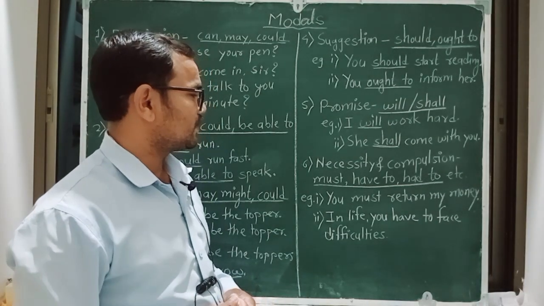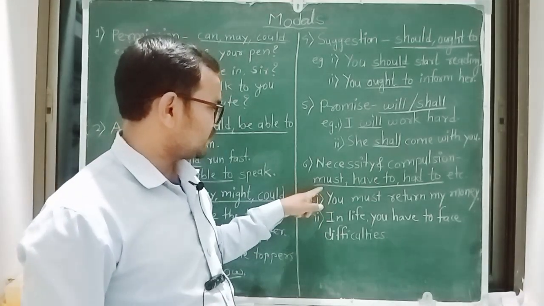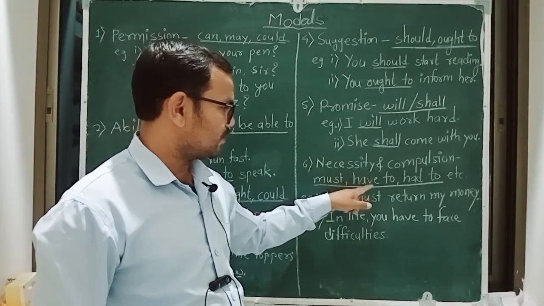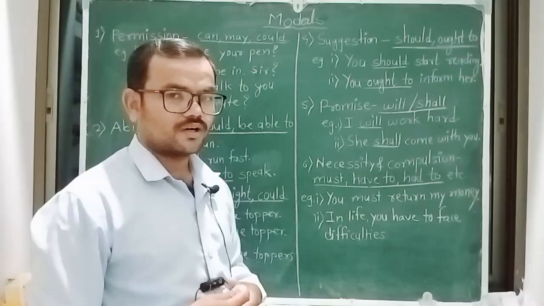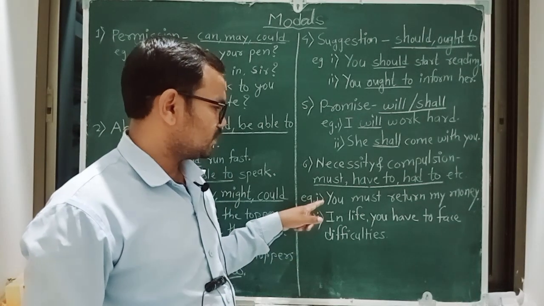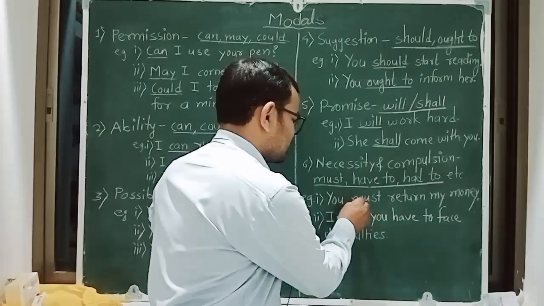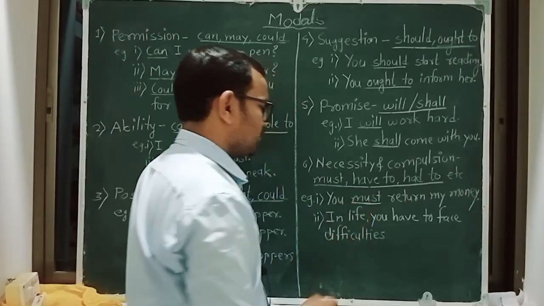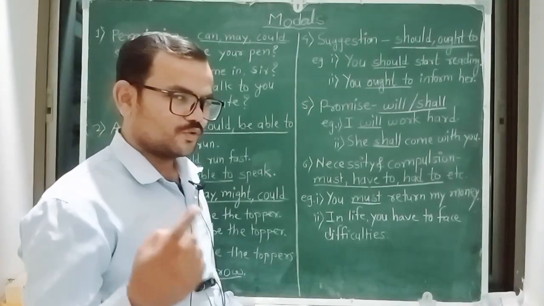Can is used in informal situations, may is used in formal situations, and could is used to ask permission more politely. Then there are modal auxiliaries expressing ability: can, could, and be able to. Can is used to talk about our present ability, could about our past abilities, and be able to can be used in any tense.